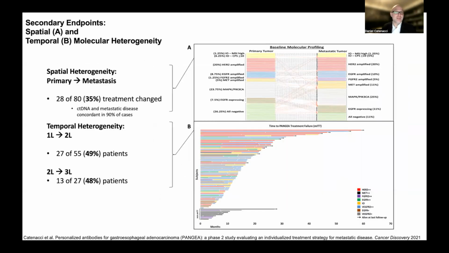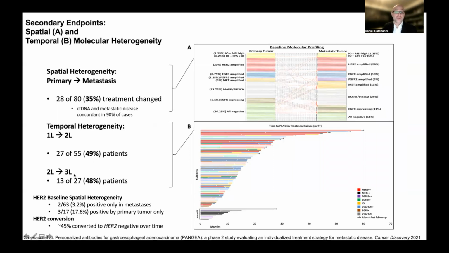And in fact, in our study, we looked, of course, at all biomarkers in that list of the prioritization scheme, but we can look at each biomarker individually. And for HER2, you can see that there was a proportion of patients that had cancer that was HER2 positive only in the metastatic site.